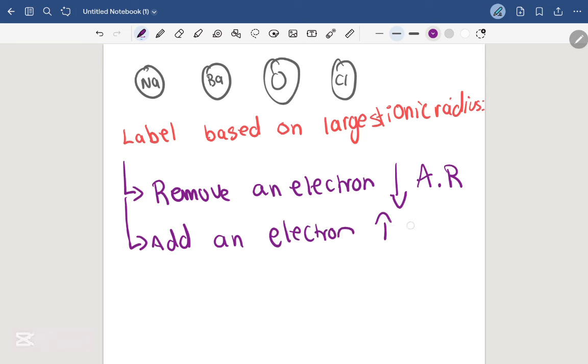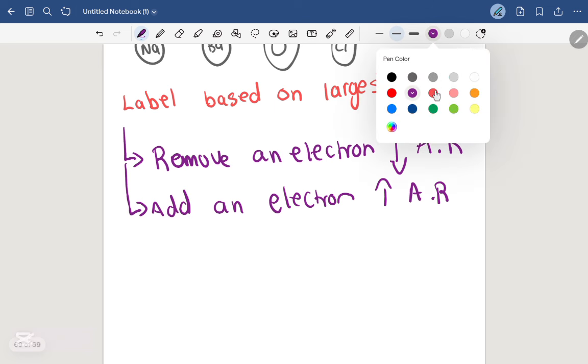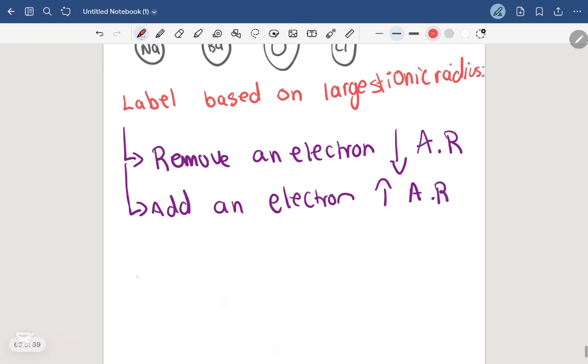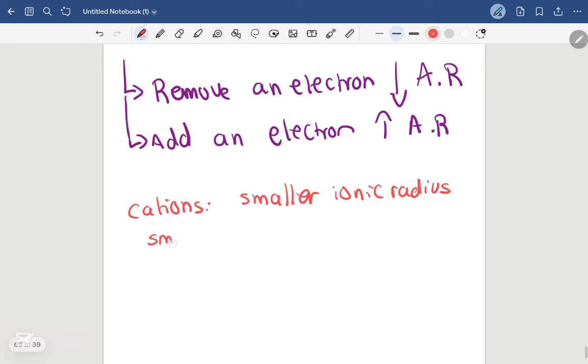It increases the atomic radius. So what can we say? We can say, logically speaking, that cations, because we are removing electrons from them, will have a smaller ionic radius. They are smaller than their usual atoms.